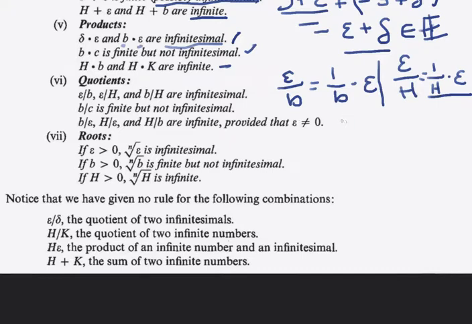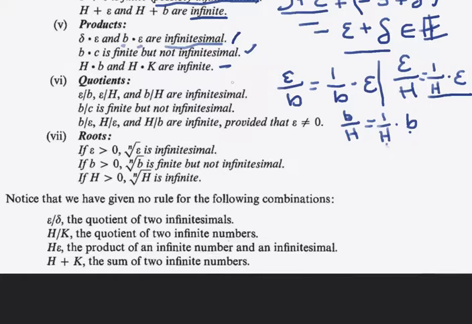And then finally, b over h we can think of as 1 over h times b, and again, infinitesimal times finite, by our product rule, is infinitesimal. So I recommend to students, the quotient laws oftentimes are a little bit difficult to reason through, but if you rewrite it as a product of two numbers, and it's good practice of your algebra, then oftentimes it's easy.